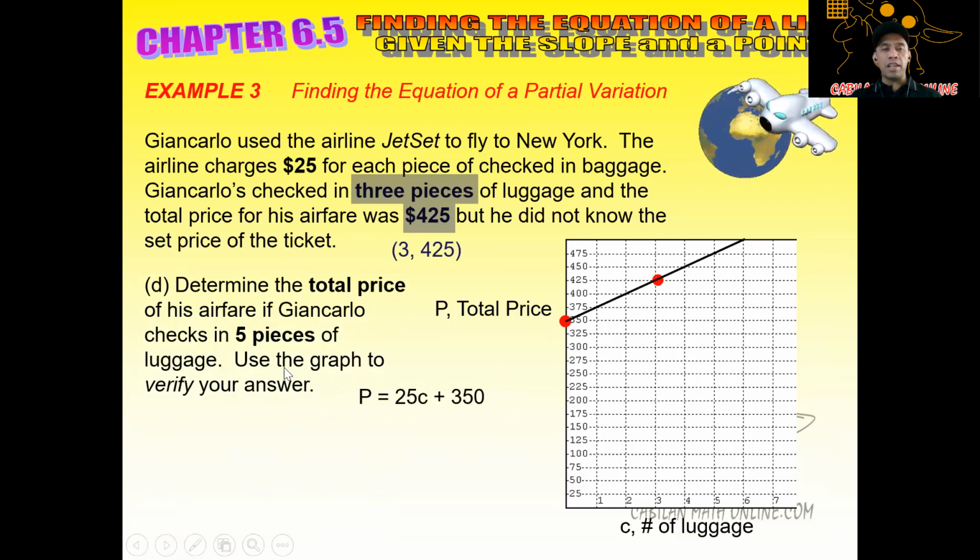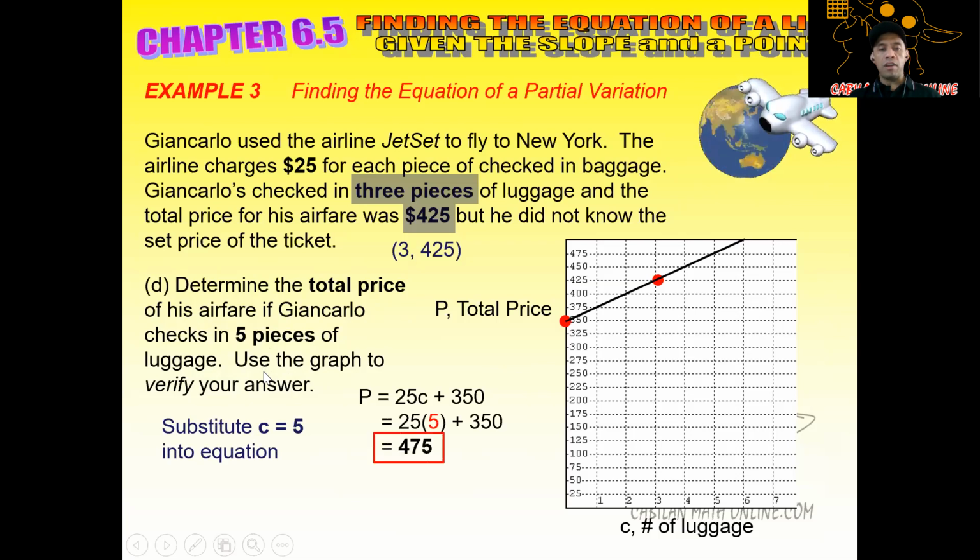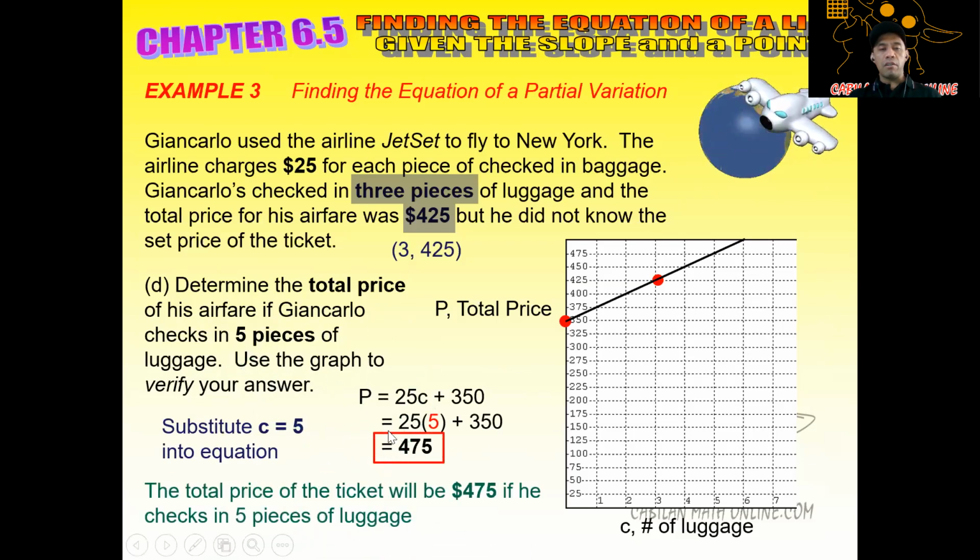Since he's checking in 5 pieces of luggage, we substitute 5 in for c, and that gives me $475. Just to double check, 5 pieces of luggage is beyond the data that's given to us, so we are performing extrapolation for this one. When we read off the graph, we do wind up getting a value of 475.